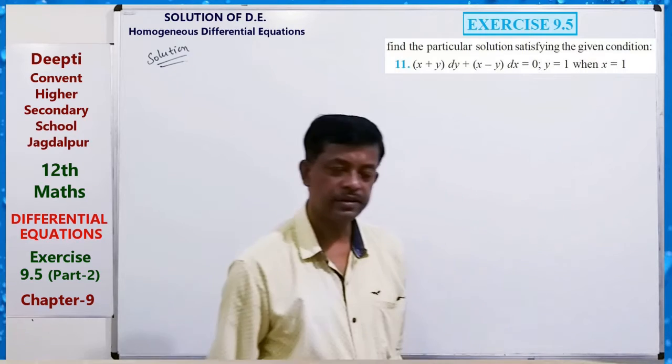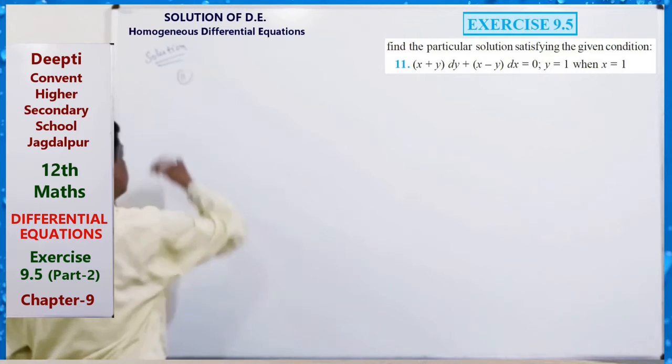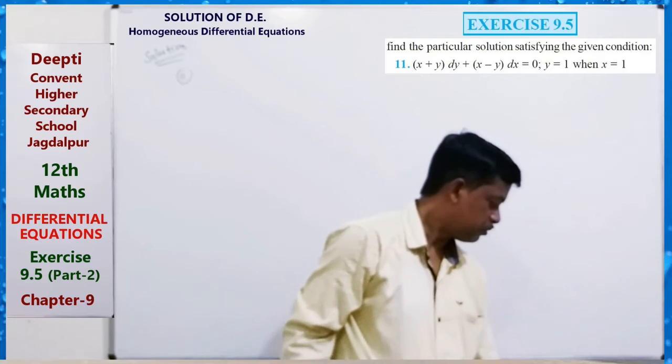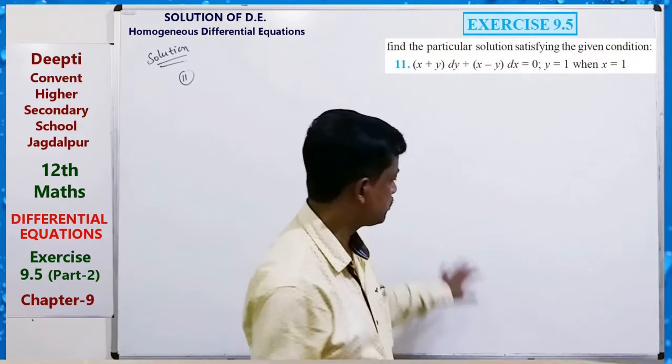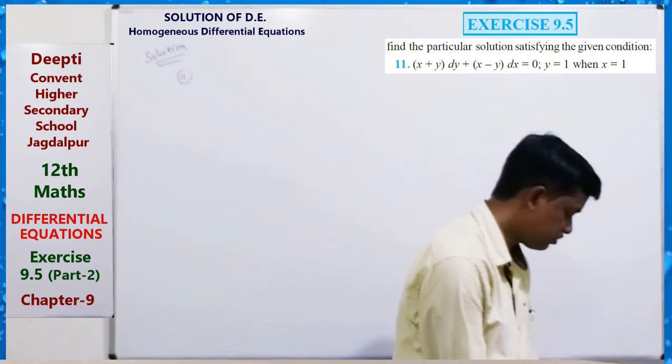Take question 11. Here we have to find a particular solution. That means after solving we have to find the value of the constant by using the condition.